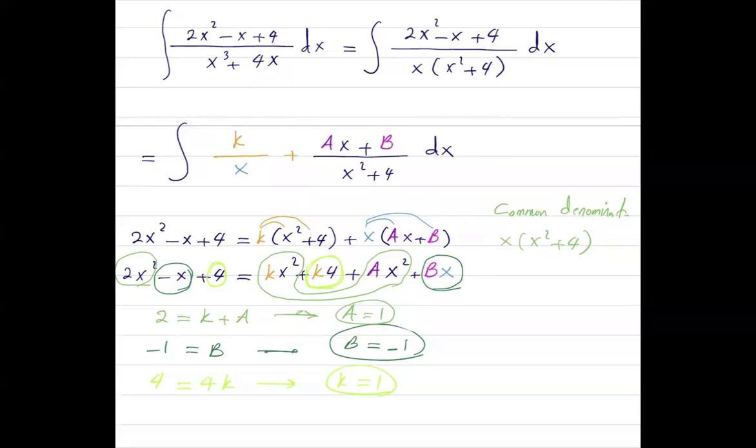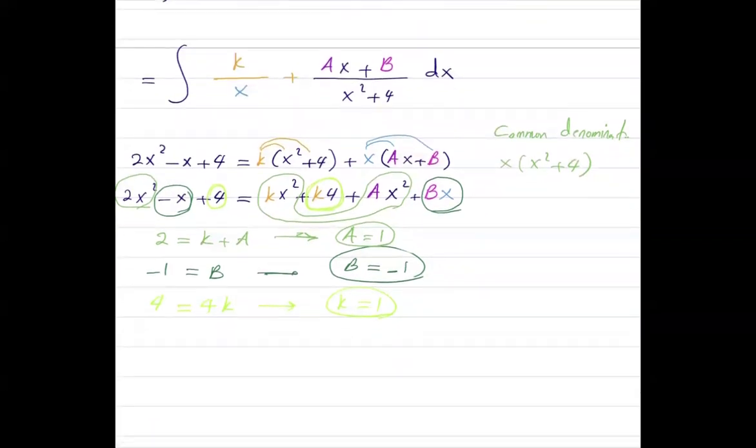Let us go back to our integral and take the integral. You end up with the integral of k, which is 1, over x, plus a, which is 1, x, and b is negative 1, divided by (x squared plus 4) dx. Now we are basically using elementary calculus to find this integral.